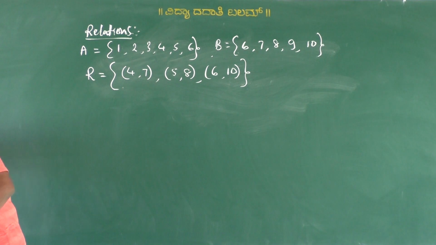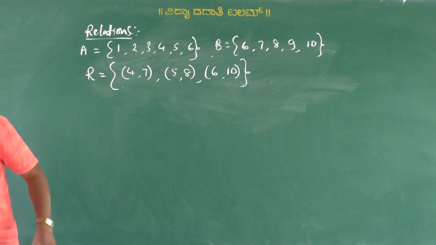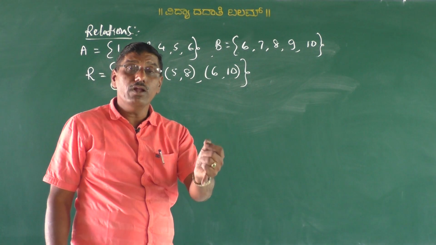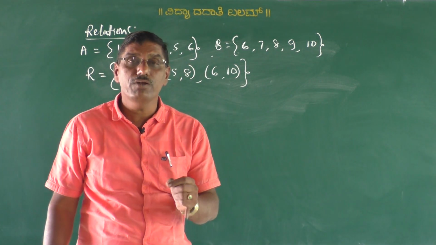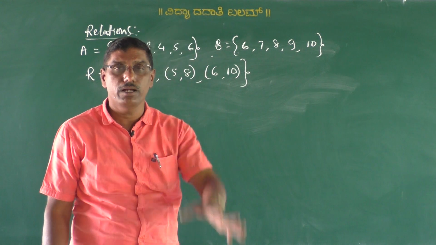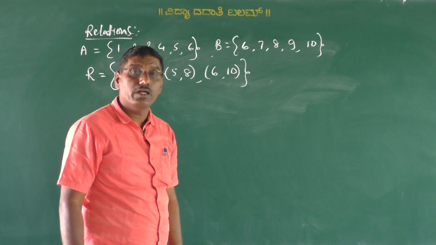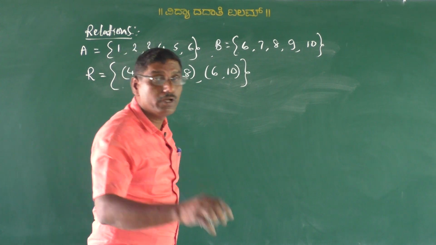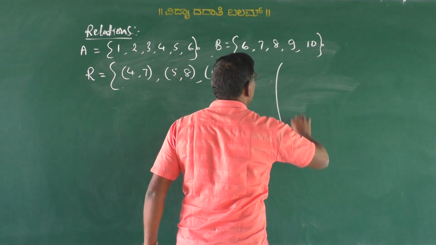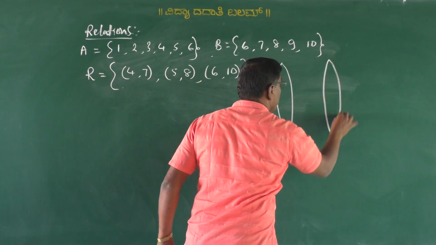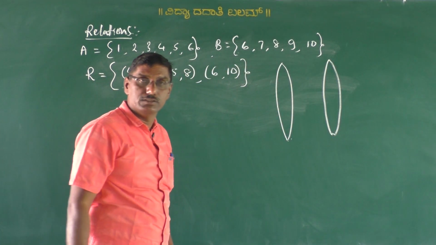Yes, are you understood? Now we have to represent this relation through a diagram, which we call an arrow diagram. See here, the visual representation of an arrow diagram is like this.